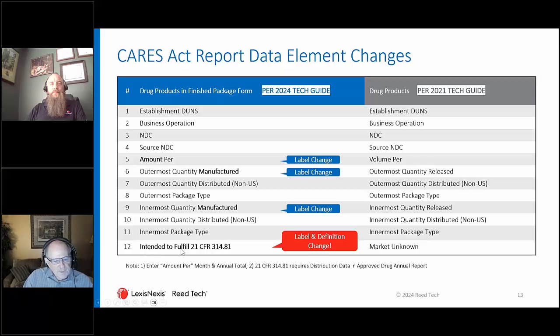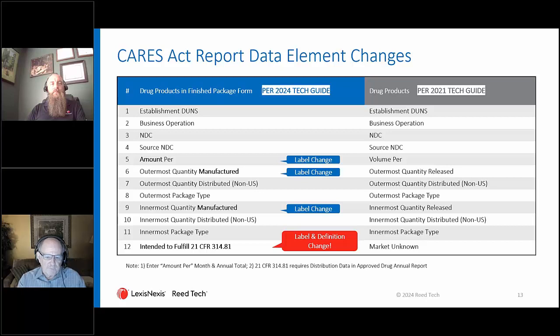The question is intended to fulfill the 21 CFR 314.81 requirement. That particular Code of Federal Regulation refers to the annual report that approved products, such as your NDA or BLA or ANDA, they have ongoing annual reporting requirements.